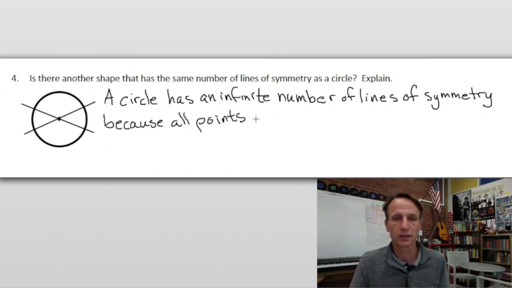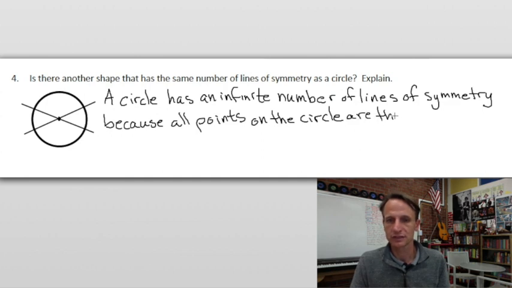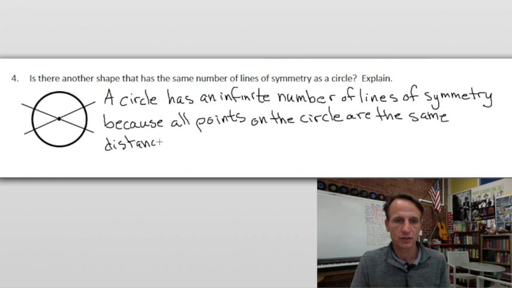All points on the circle are the same distance, we could say equidistant, but we'll say the same distance from the center.